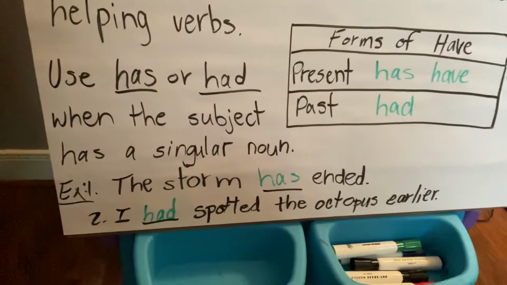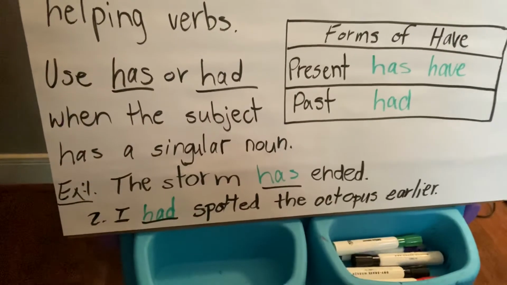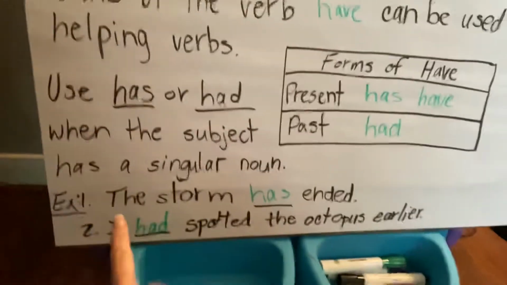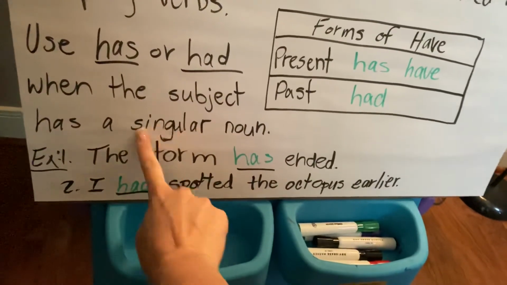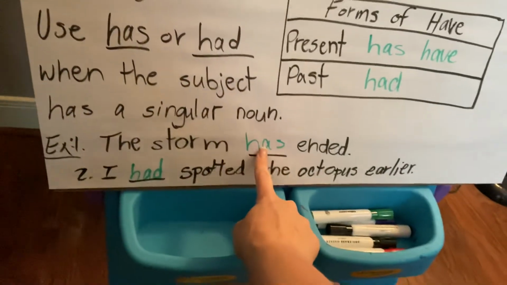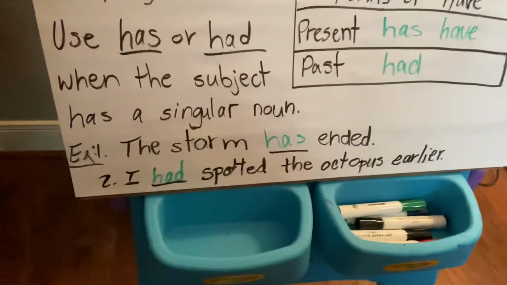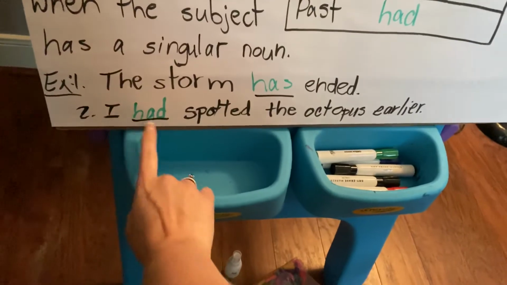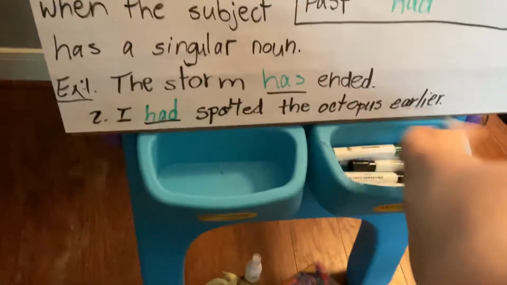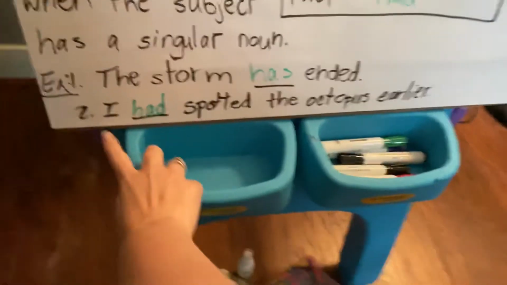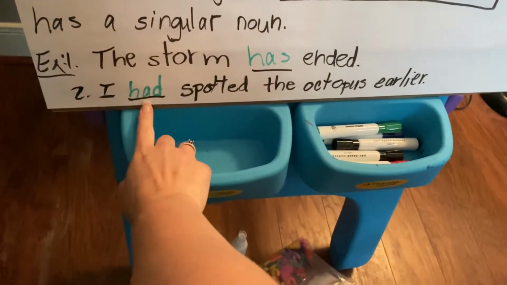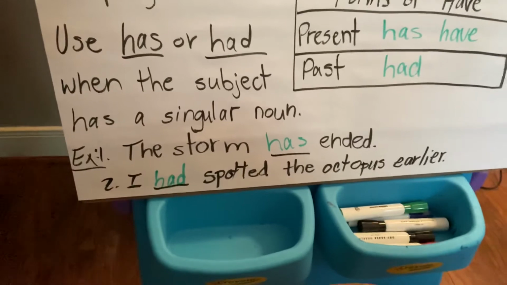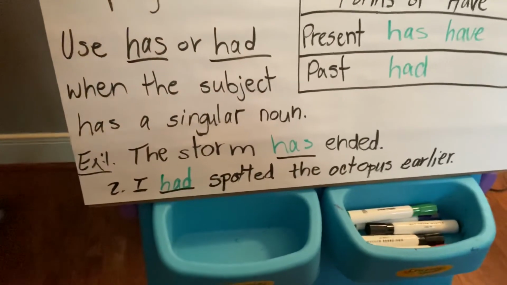We wouldn't say the storm had ended or the storm have ended because the storm is singular, okay? So you're going to use has ended. Okay, now if I look at number 2, I had spotted the octopus earlier. Okay, I is singular, so you could use had. Okay, so that is past tense.